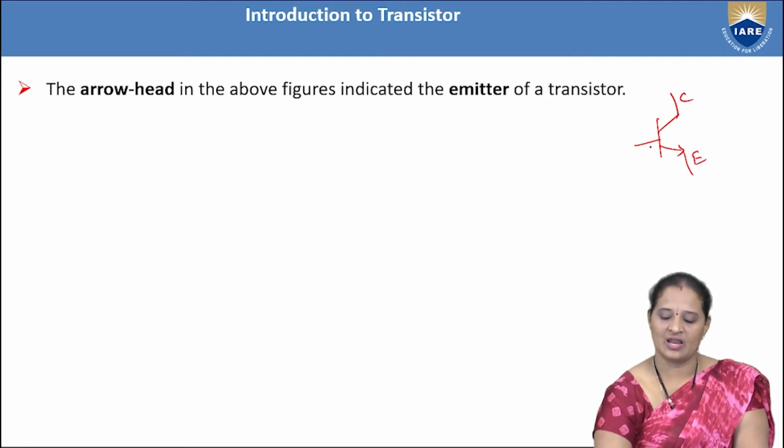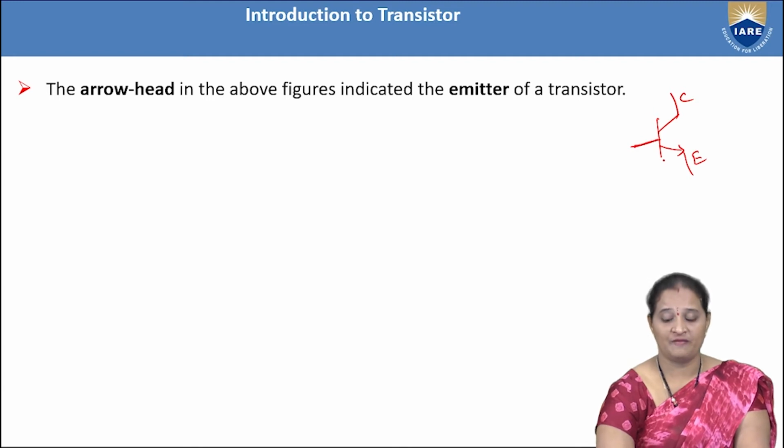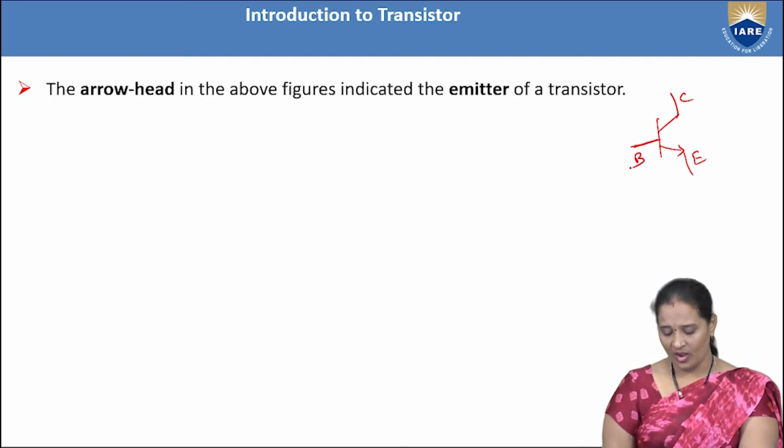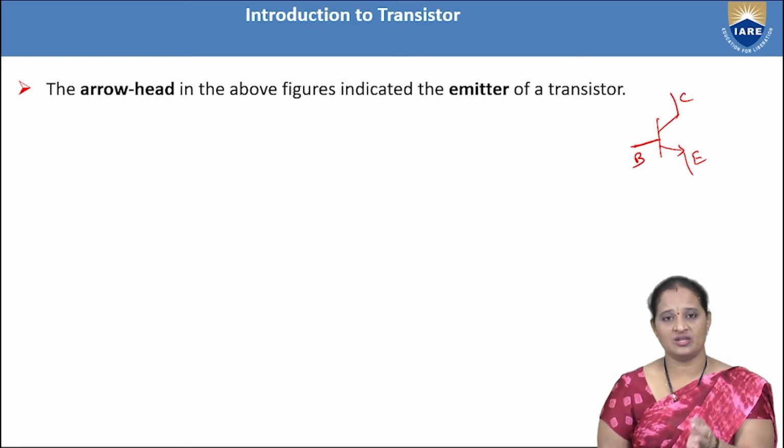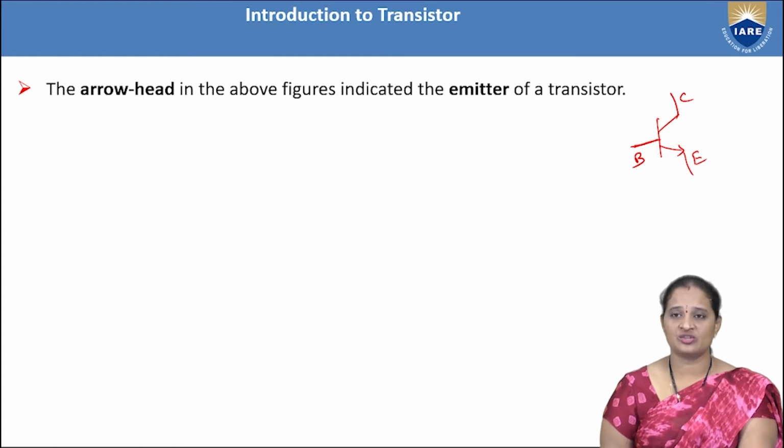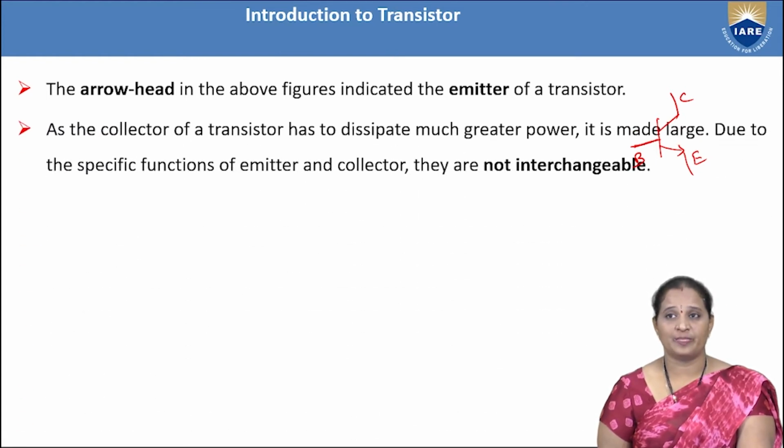The other terminal is the collector, and the terminal taken from the bar is considered to be the base. So you have to identify the terminals of a transistor in such a way that the terminal which has the arrow mark indicates the emitter terminal, in either an NPN or a PNP transistor. Only the thing is, in an NPN transistor the direction of the arrow will be outwards, whereas in a PNP transistor the direction of the arrow will be inside.